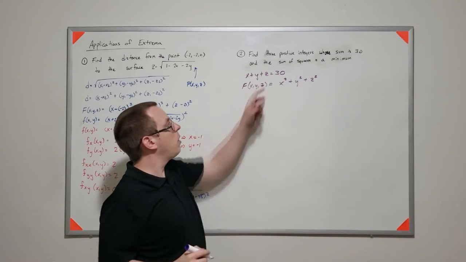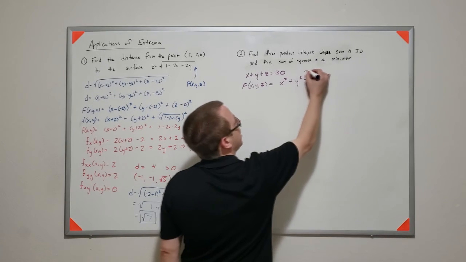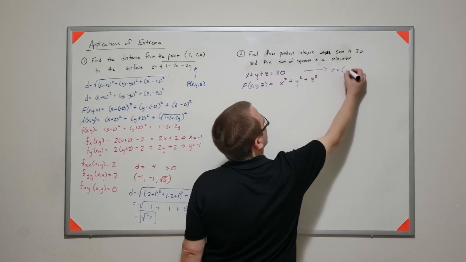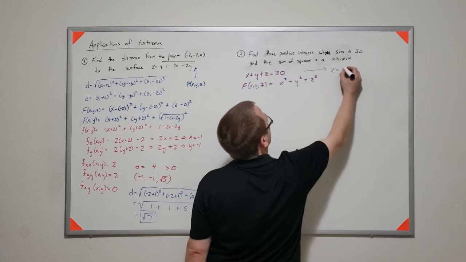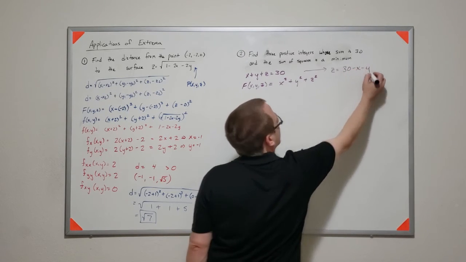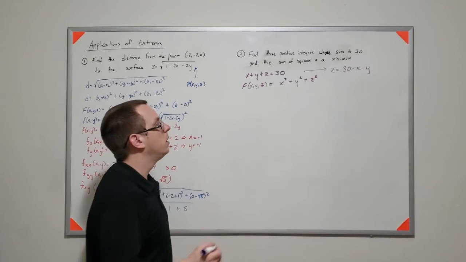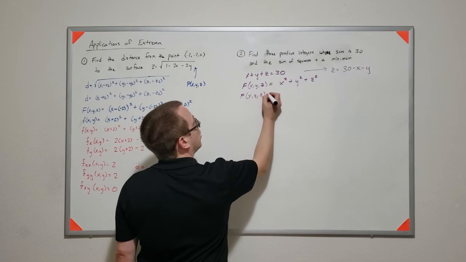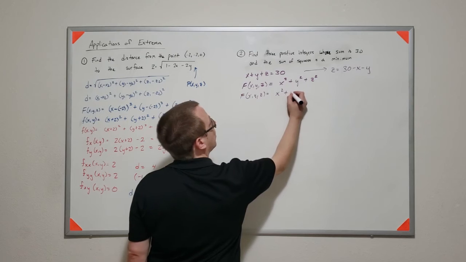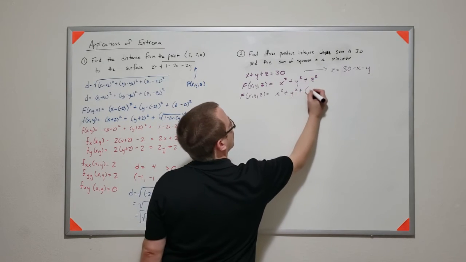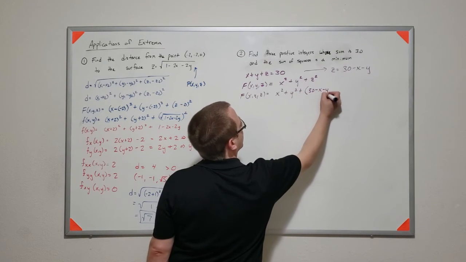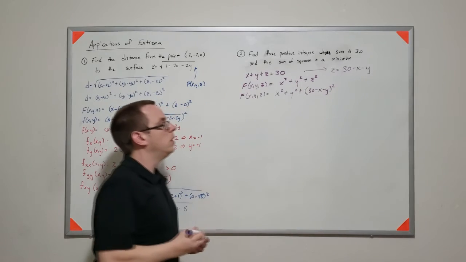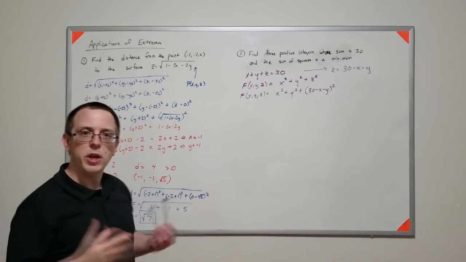But if we solve this for z, we can set this up and then multiply this out.